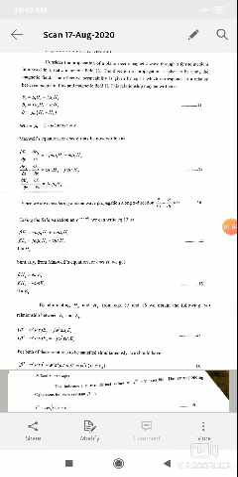These are the equations. Since we are considering the plane wave propagation along the z axis, del by del x is equal to del by del y is equal to 0.